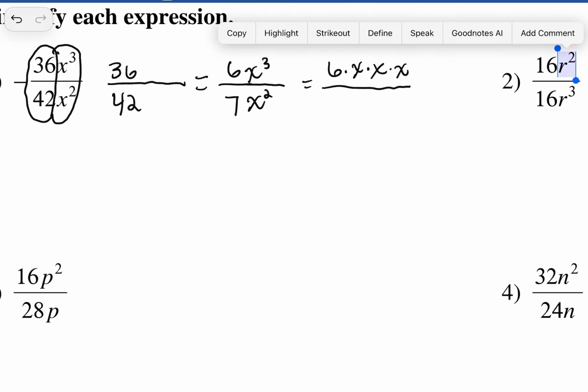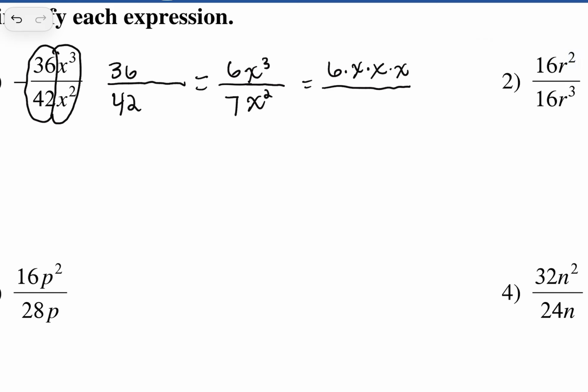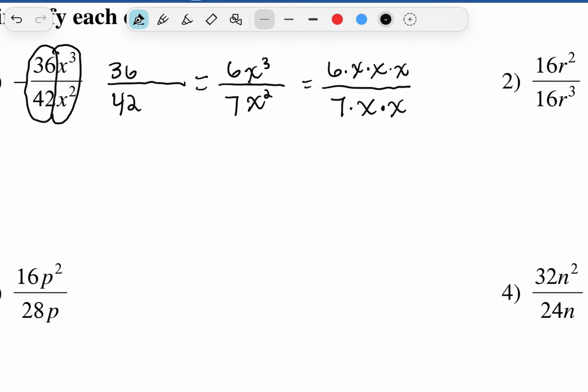Another way to think of our x squared is x times x. Now we know on a fraction, if everything's being multiplied, we can cross things out on the top and bottom. So we could cross out this x with this x, because there's one on top, one on bottom. We could cross out this x with this x.